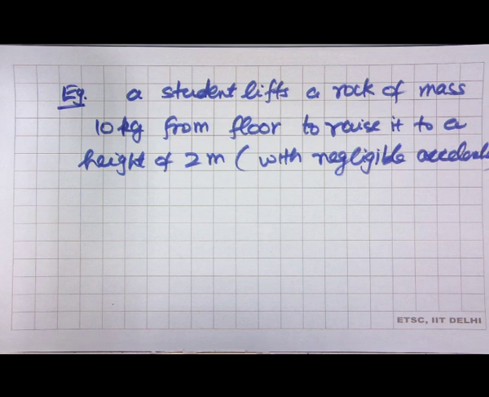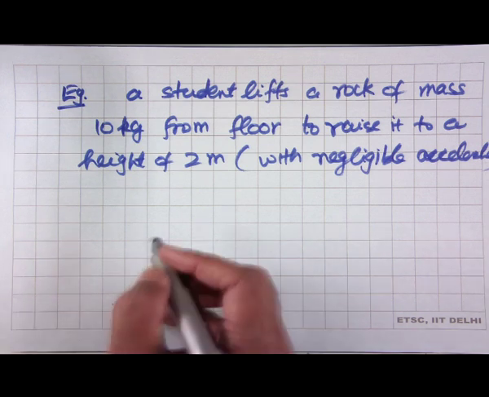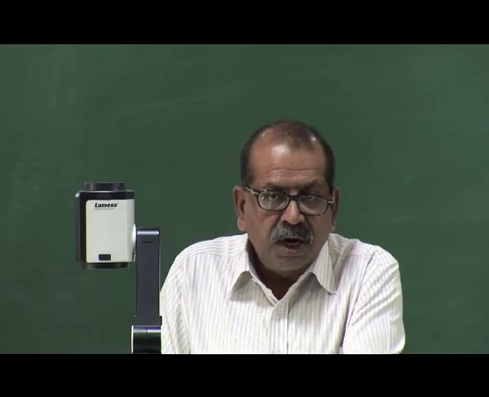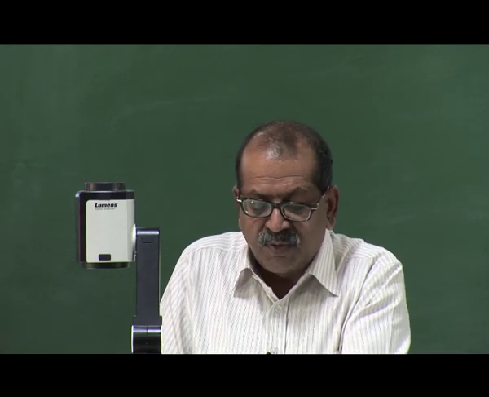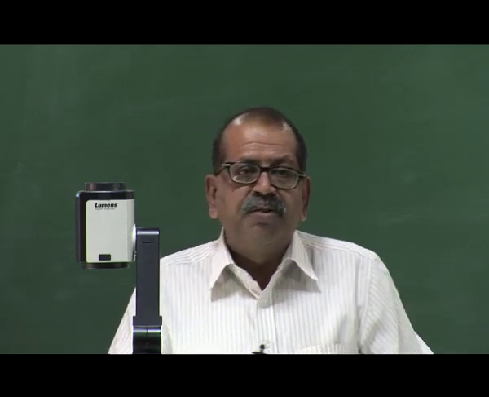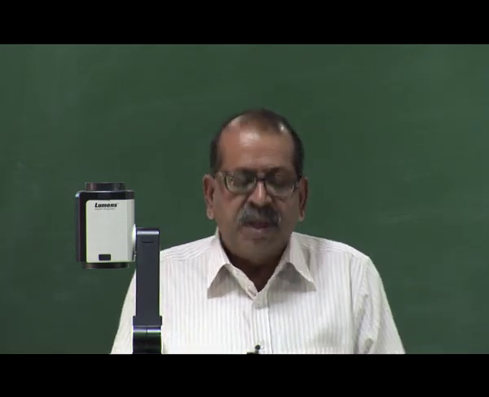So, we are assuming that there is a rock lying on the ground, and somebody lifts it from the ground up to a height of 2 meters with very negligible acceleration. The reason for this is we do not want any net force to come on the body because of acceleration.